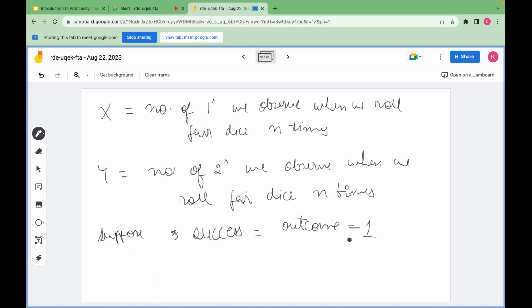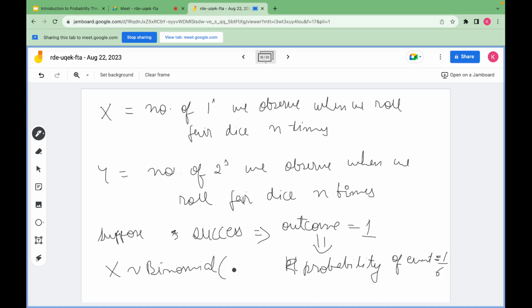The probability of this event is 1 by 6, and we consider this event as success. So we can say that x has a binomial distribution when we roll the die n times and the probability of success is 1 by 6.